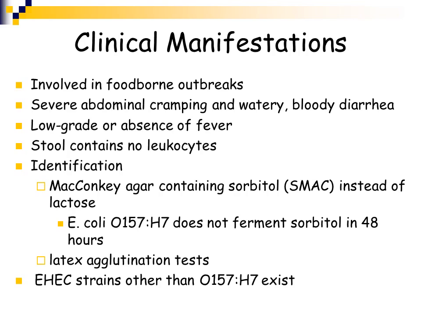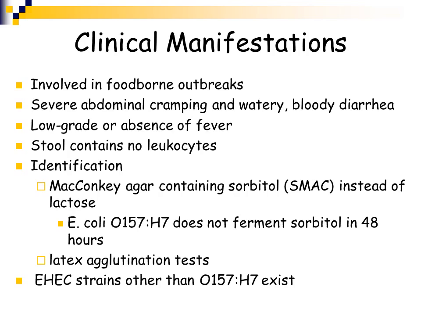So MacConkey agar is a selective agar that will select for gram-negative organisms. So in a specimen that's going to have a lot of normal flora, like a stool specimen, you want to try to use selective media to get rid of as many normal flora organisms as possible.